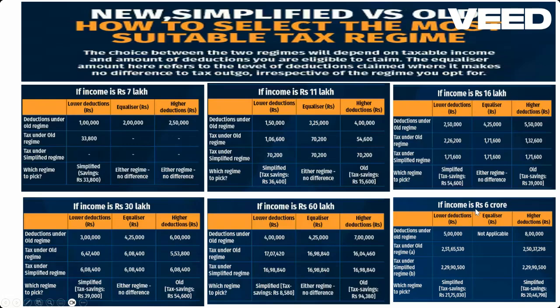If you have an income of, of course, 6 crore, again it is the equalizer only. If you are showing higher deduction, then both tax saving schemes are possible, but you should opt for the new tax regime.